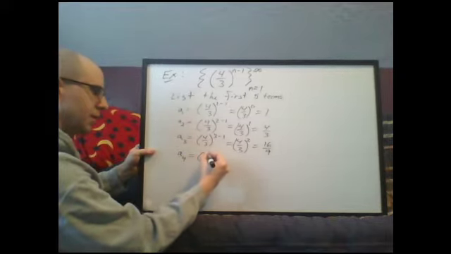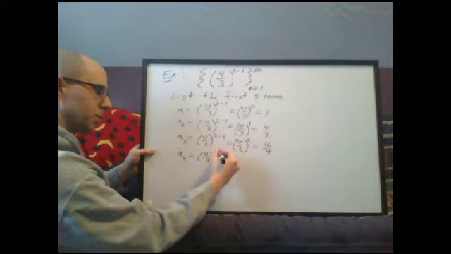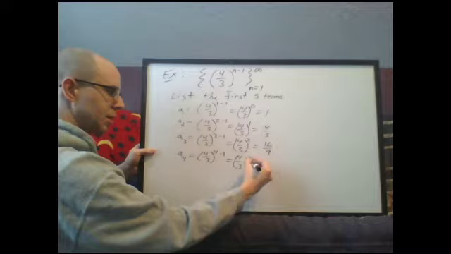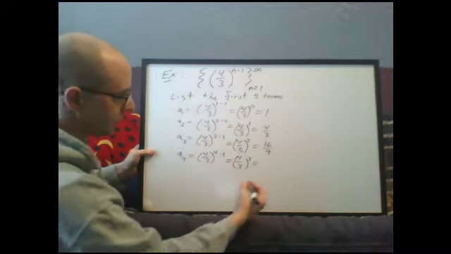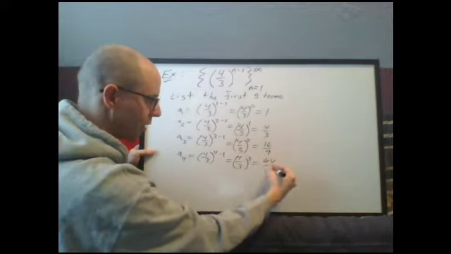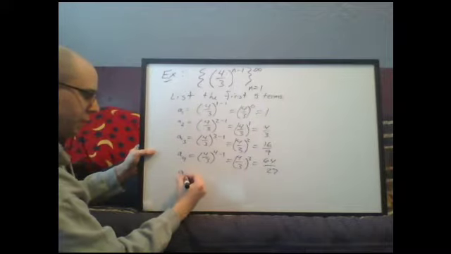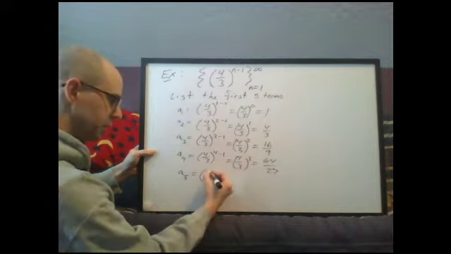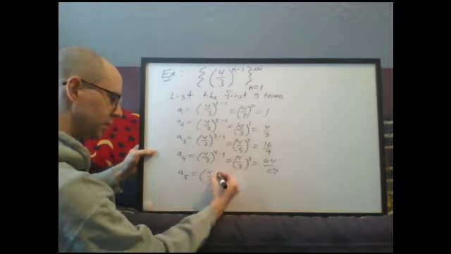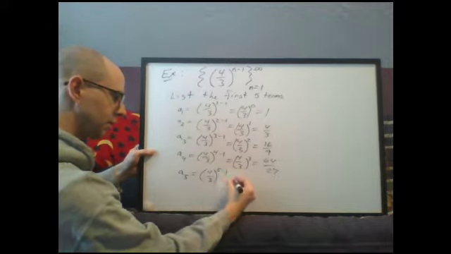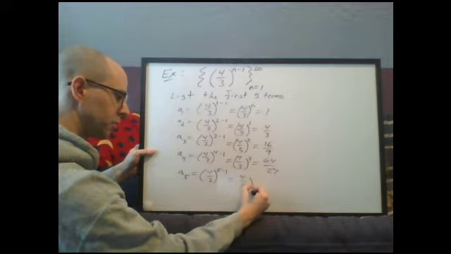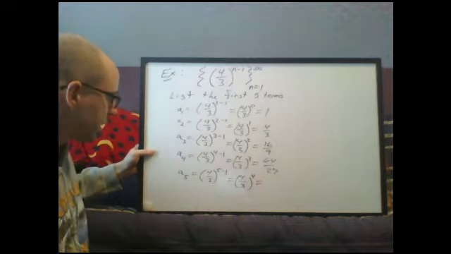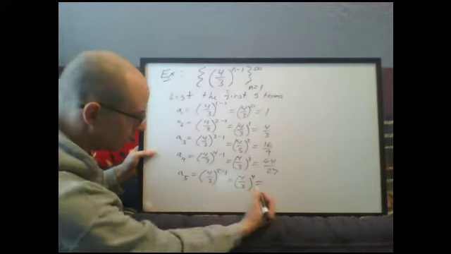A4, 4/3 to the 4 minus 1, so 4/3 cubed, 64 over 27. Then finally A5 would be 4/3 to the 5 minus 1, 4/3 to the 4th. I just realized I left my calculator elsewhere. 4 to the 4th power.